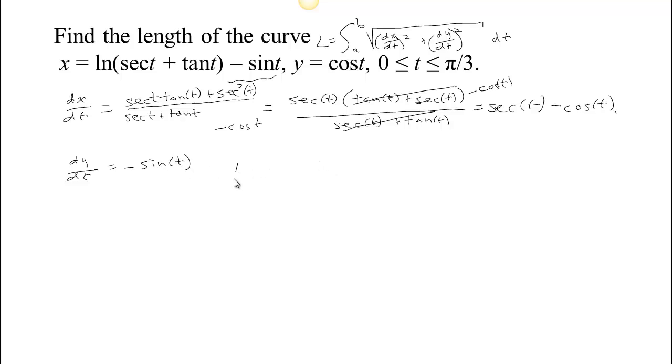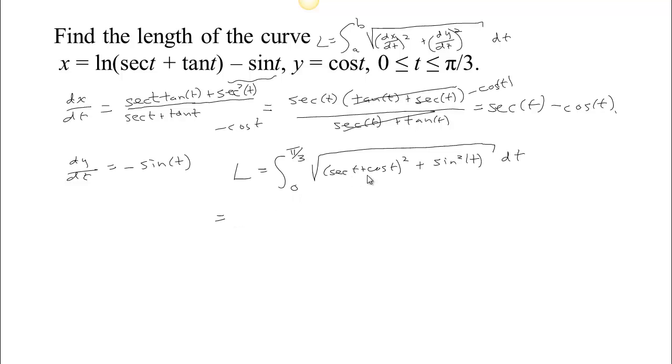Okay, so our length should be the integral from starting time to ending time of the square root of, let's see, we've got secant t plus cosine t squared. Cosine t squared, that's dx dt squared, plus dy dt is minus sine, so if you square that you get sine squared t dt.